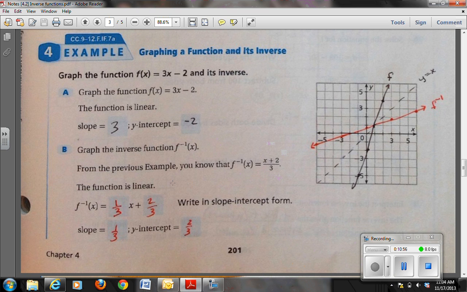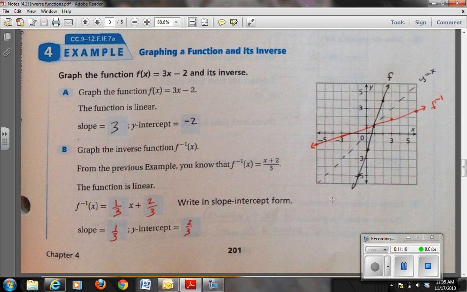I can rewrite that as x over 3 plus 2/3, or 1/3 of x plus 2/3. So I would go to 2/3 on my y-axis and then use a slope of 1/3, up 1 over 3. I draw in my new line with the y-intercept of 2/3, and I labeled it f inverse of x.